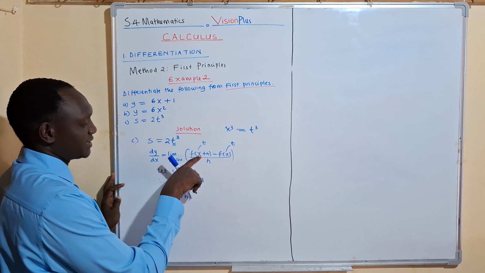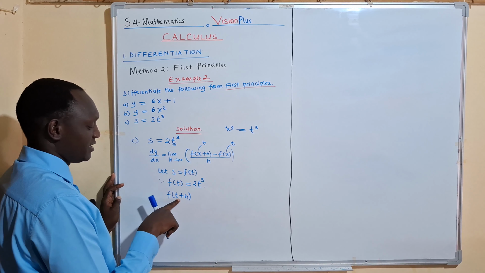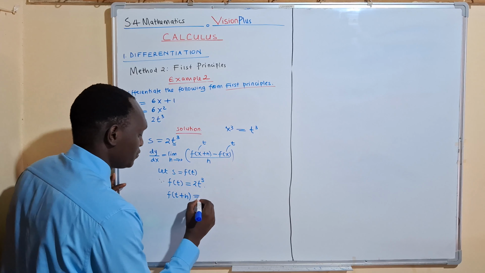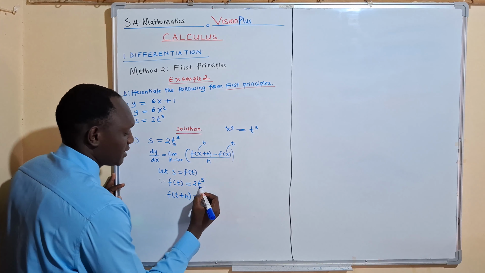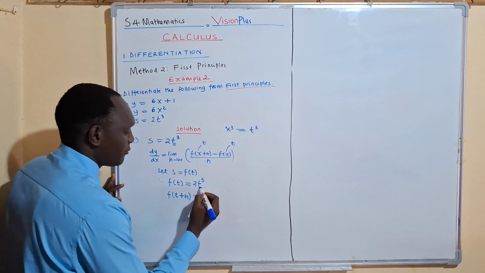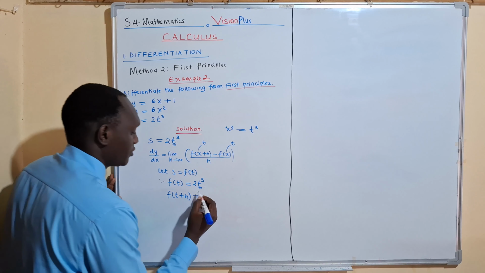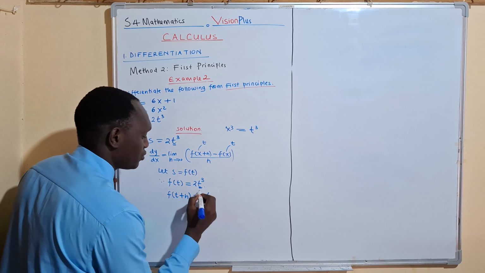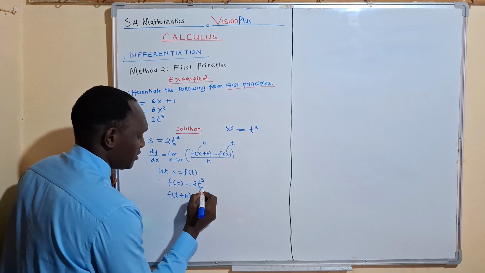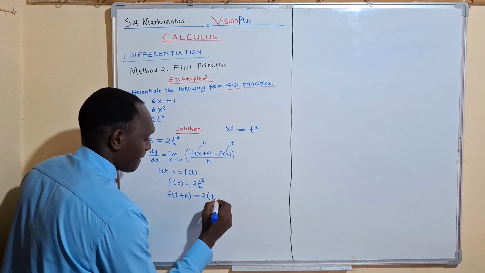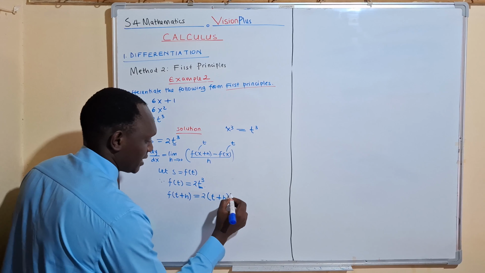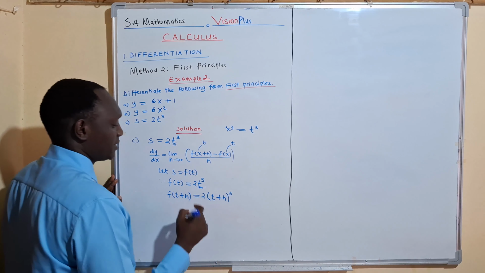Instead of saying f of x plus h, we are saying f of t plus h. We use the function f of t, and where we find t, we put t plus h. So here we shall have 2 into t plus h, and then we cube it, to the power 3.